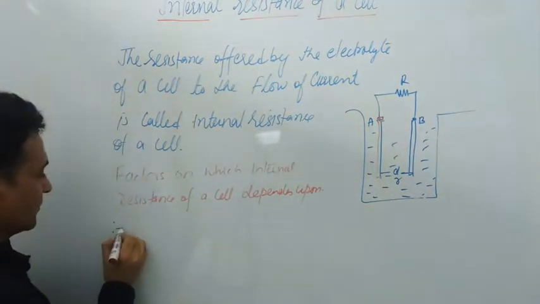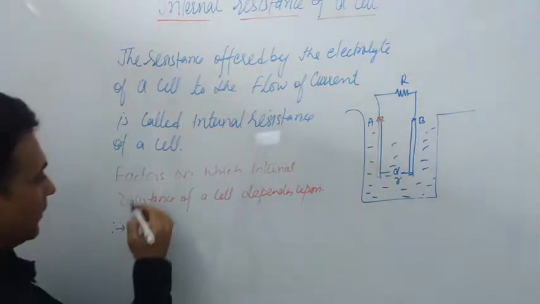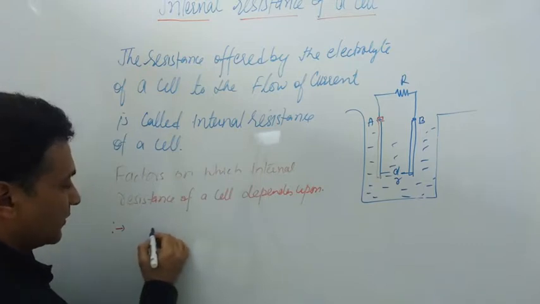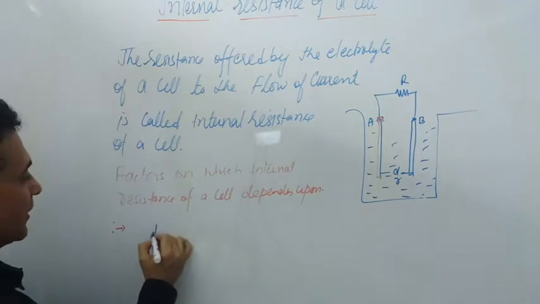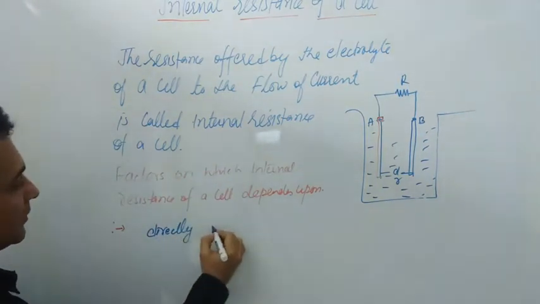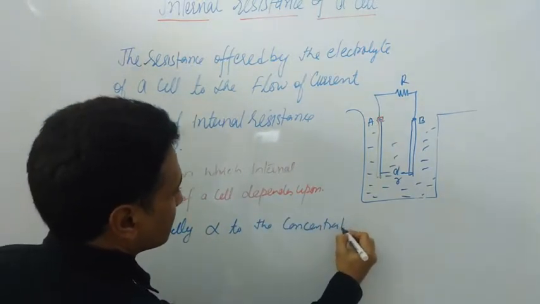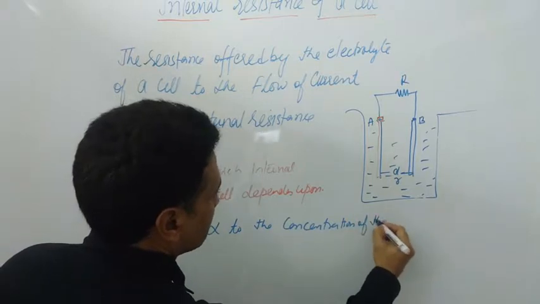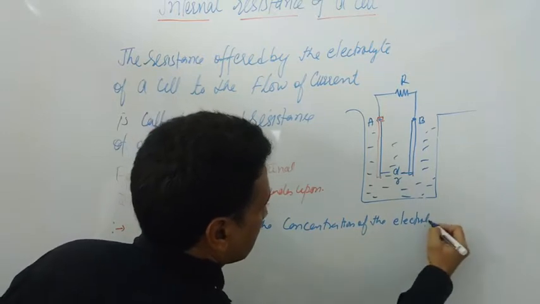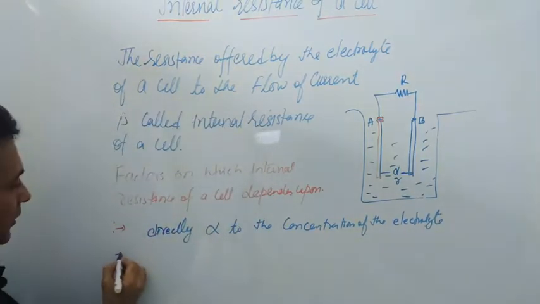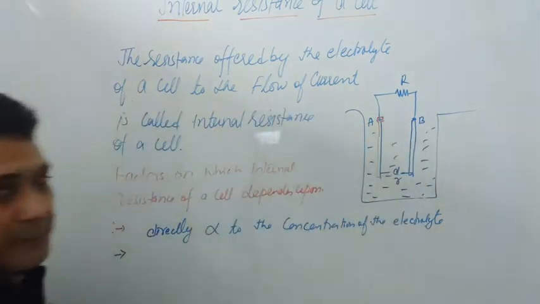So first factor is, internal resistance of a cell is directly proportional to the concentration of the electrolyte. Second one means यहाँ पे इसकी कितनी concentrations हैं जो electrolyte आपने यहाँ पे रखा हुआ है.